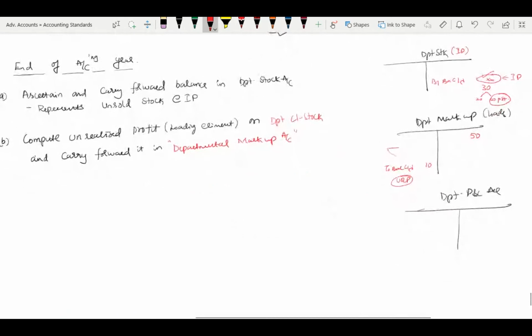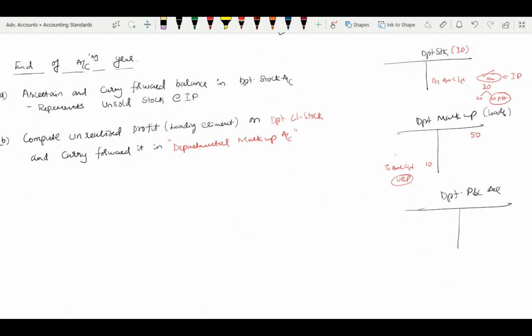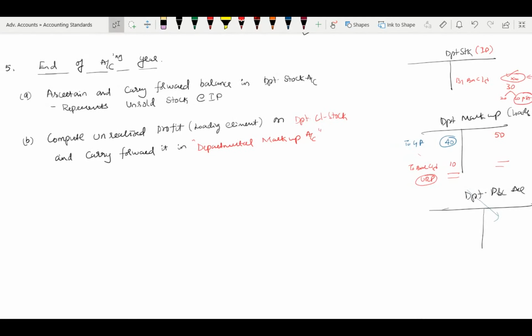What you compute, you write in the departmental markup account as balance carried down. So out of 50, 10 rupees on closing stock is unrealized, and the balance 40 rupees is realized profit, which we call gross profit. This gross profit will be transferred to the departmental P&L account. That's how it will work.